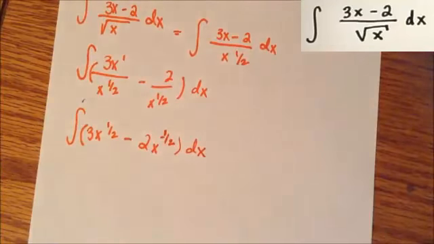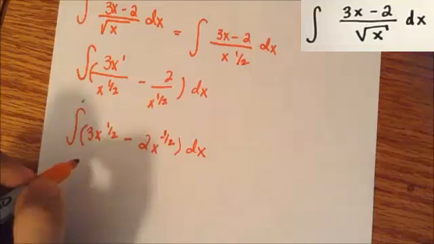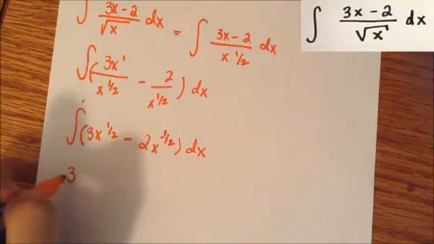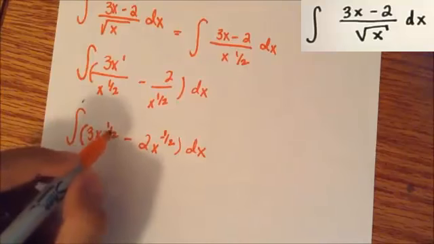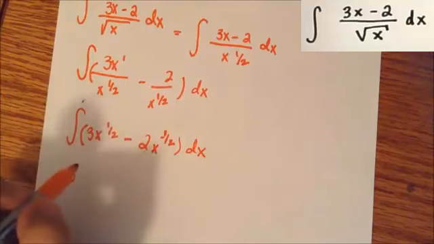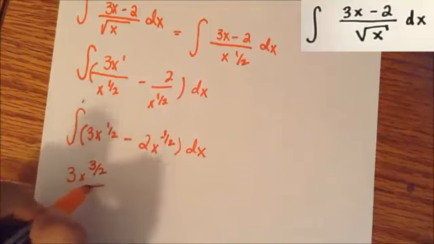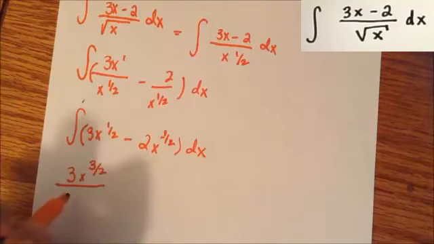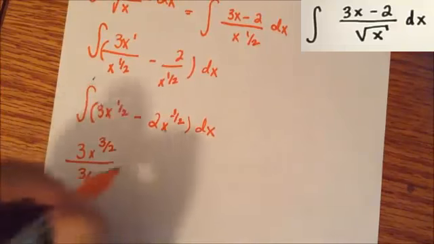And now this is in a suitable form for me to integrate. So 3 comes out, and I'm going to add 1 to x raised to the power of 1/2, so I'm going to have x raised to the power of 3/2, and I'm going to divide it by my new power, 3/2.